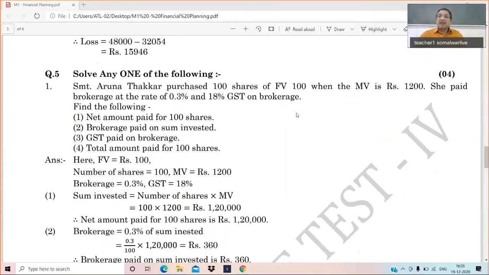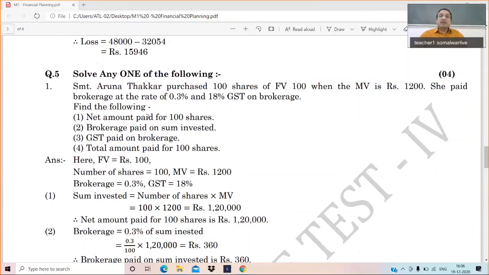And remember, at the time of purchasing or selling of the share, GST is always calculated only on brokerage. It is not calculated on market value, not on face value, not on dividend, nothing. It is always calculated only on brokerage because brokerage is the income of the broker, the share broker. That's why.